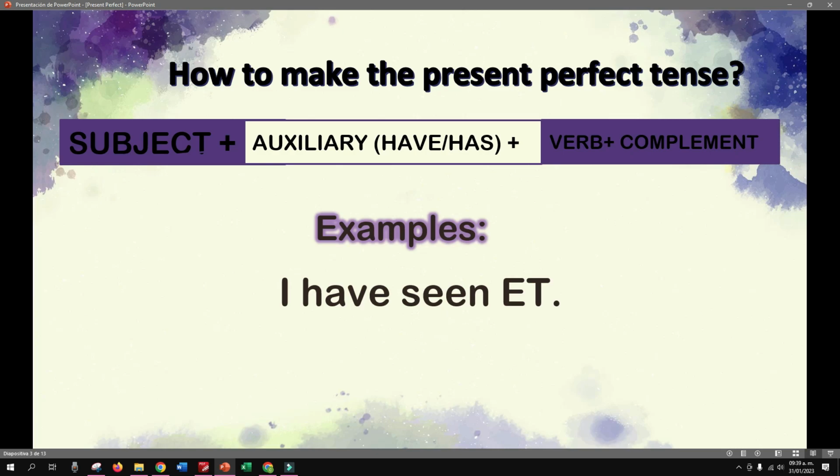First, you have the subject I, then have, the auxiliary of the present perfect. This verb seen is the past participle of see. You have see, present; saw, past; and seen, past participle. So I have seen ET. ET is the complement of that sentence.